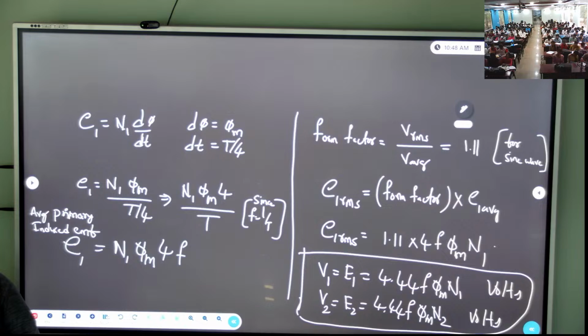The question is like this: derive the EMF equation of the transformer. Then you have to write down this thing. Derive the EMF equation of the transformer. You have to write down this one. Right. Did you note it down?